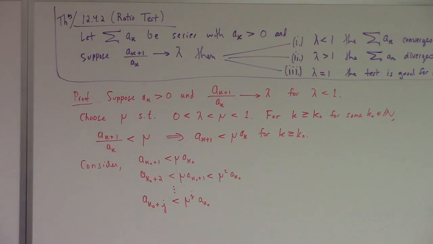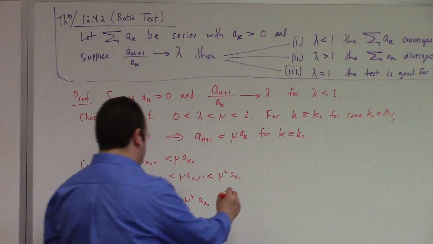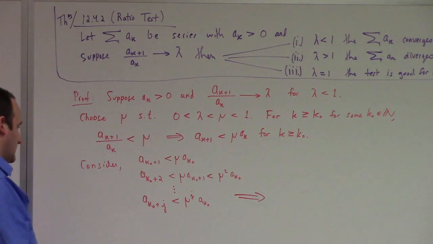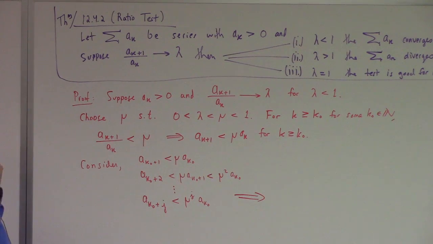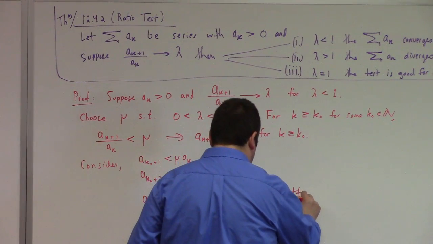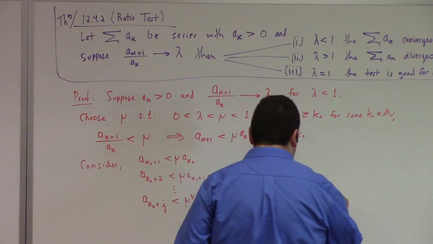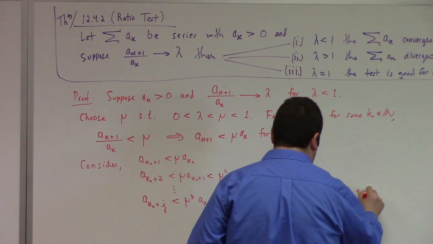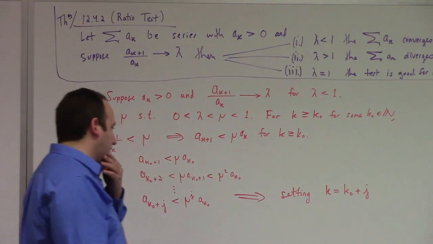But what does this tell us? What we want to do is set k equals k naught plus j. What does that make j equal to if I make this substitution?